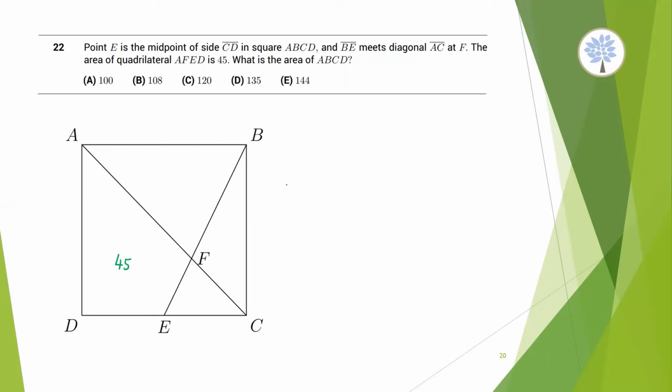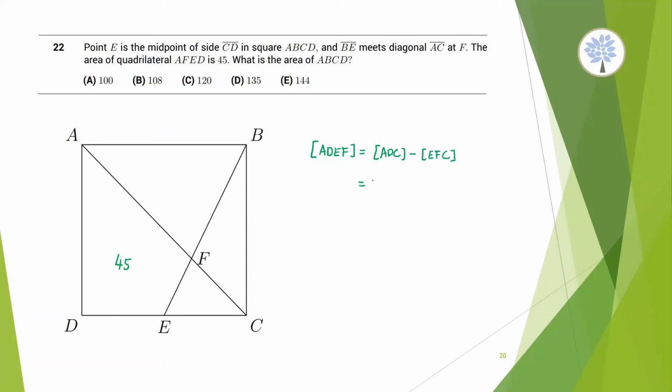So in order to do this, we can use some area ratios. For example, one thing we can do is write the area of ADEF, which is what we know, in terms of the area of ADC. So this is equal to ADC minus EFC.